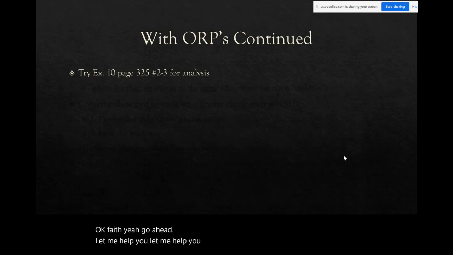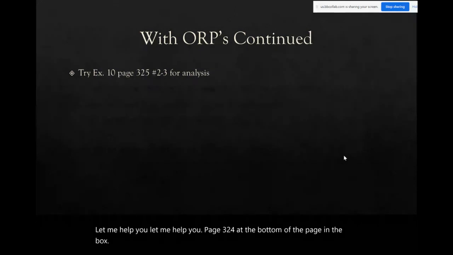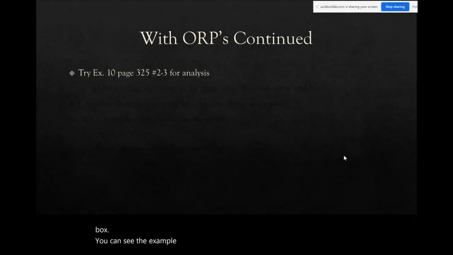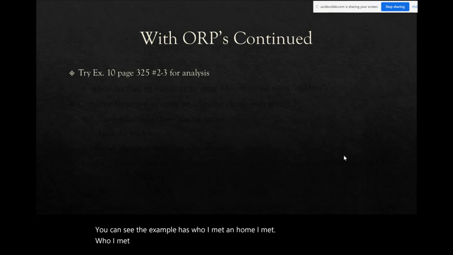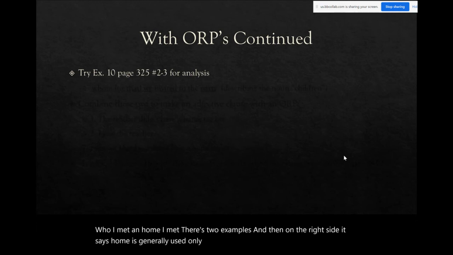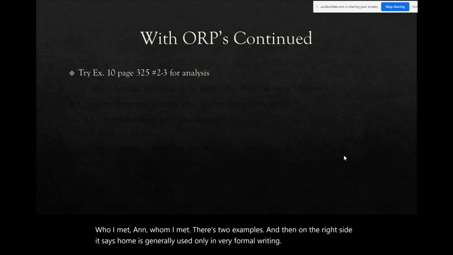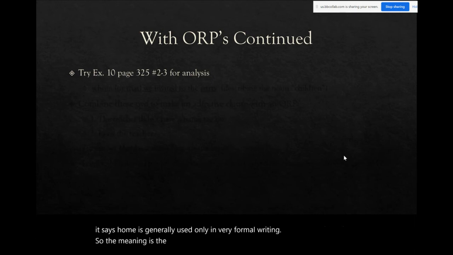Page 324 at the bottom of the page in the box. You can see the example has who I met and whom I met. There's 2 examples. And then on the right side, it says whom is generally used only in very formal writing. So the meaning is the same, but whom with the M is more formal. We usually don't speak with whom, okay?